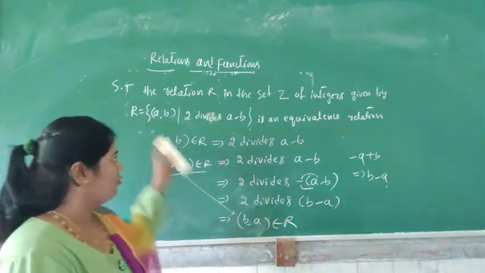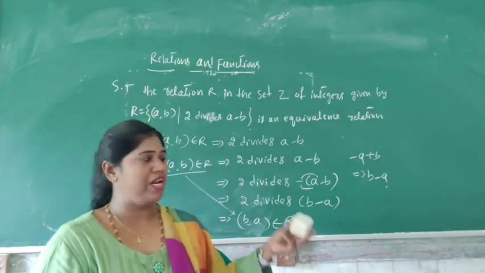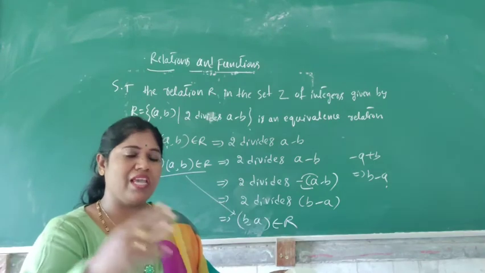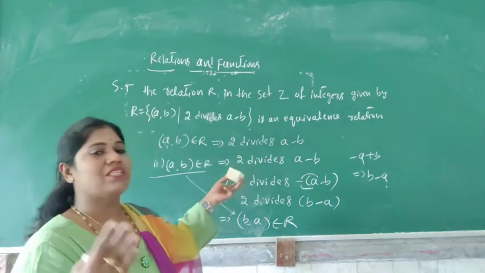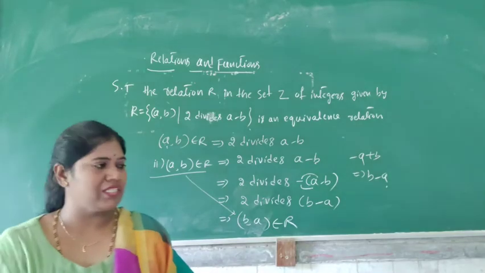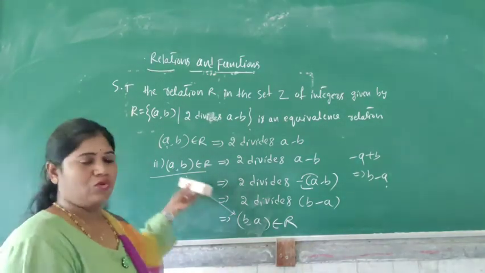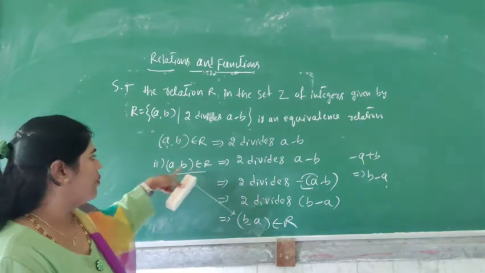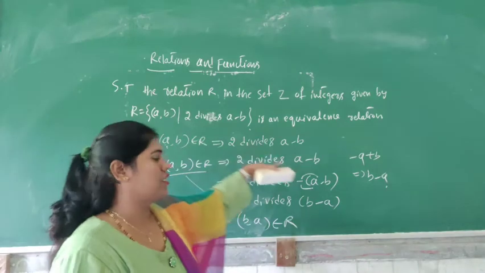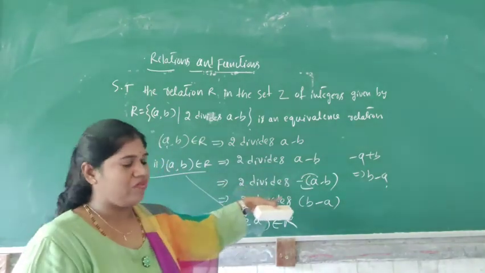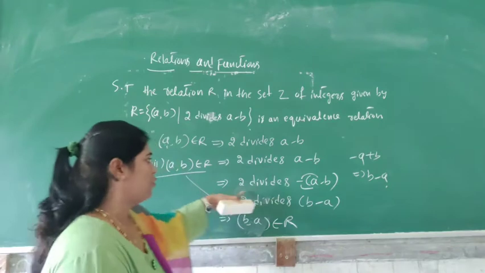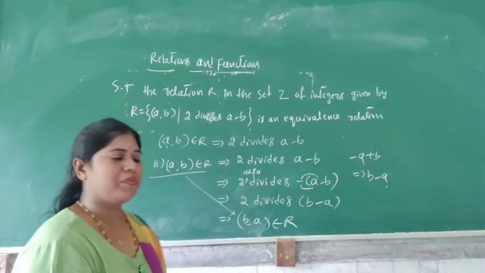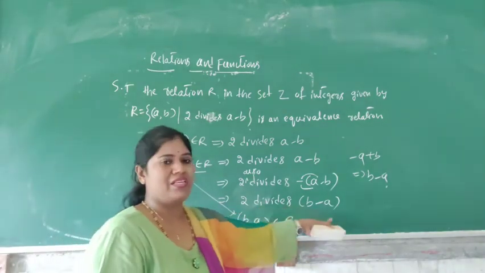You understood the example? First we have to do it for reflexive. 2 divides 0, which can be written as a minus a. Every element is related to itself. a minus a is 0, so (a, a) belongs to the set R. Whereas in the symmetric relation, (a, b) belongs to R means 2 divides a minus b. It also divides minus of a minus b, so 2 divides b minus a.